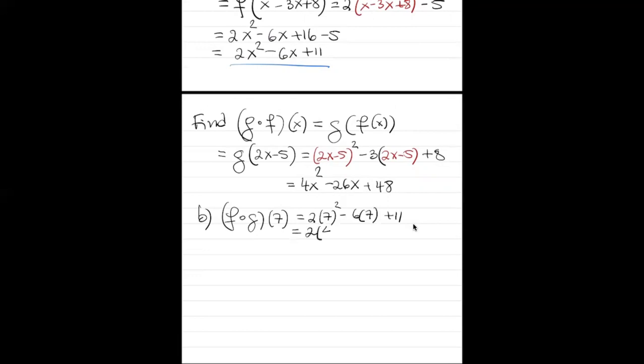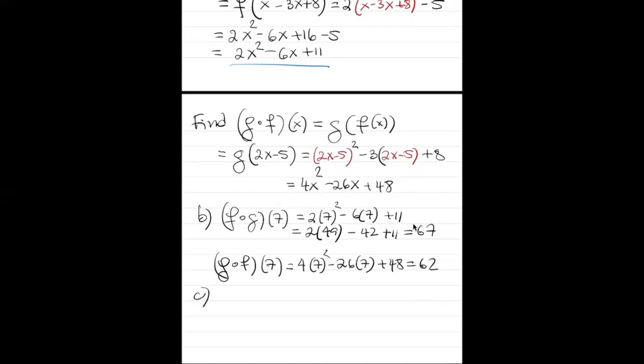So 2 times 49 minus 42 plus 11. And that should be 67. Now, the composition of g and f of 7. 4 times 7 squared minus 26 times 7 plus 48, and that is 62.